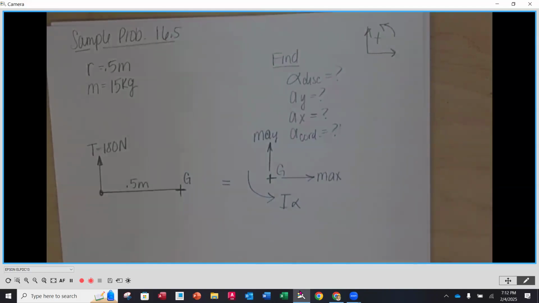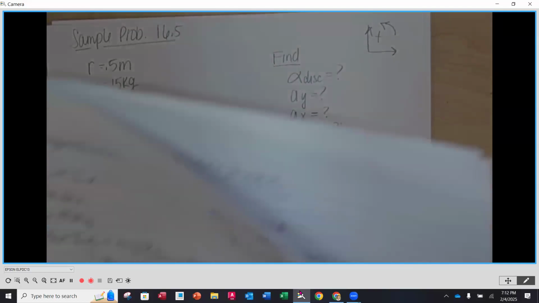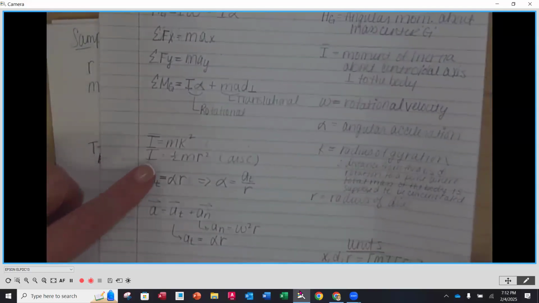And then we're going to have our moment of inertia multiplied by the angular acceleration for our angular momentum. Now, reminder here: we are given the radius this time, not radius of gyration. That means the moment of inertia of our disc is going to be one half m r squared.